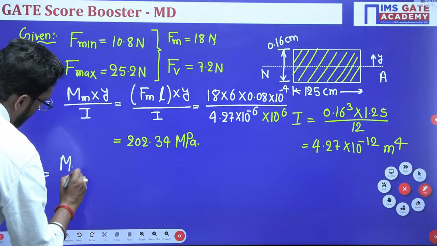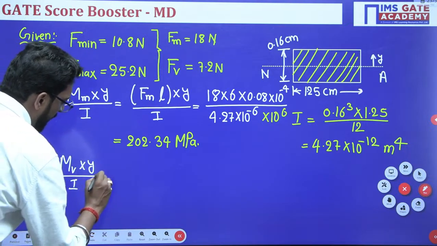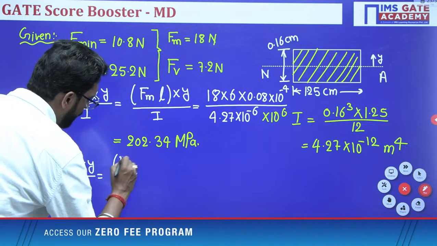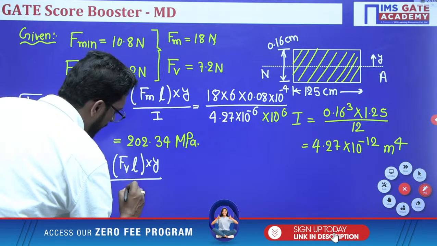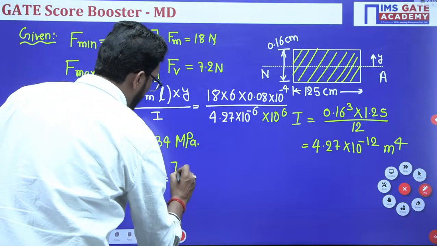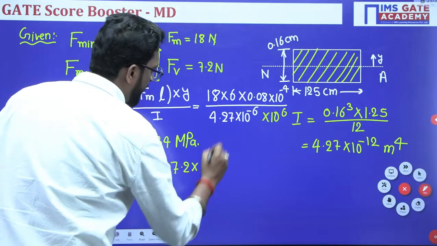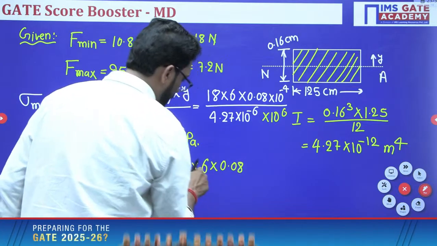Now sigma variable, M variable into y divided by I, and M variable is F variable into L into y divided by I. What is F variable, my dear? 7.2. What is L? 6. What is y? 0.08.